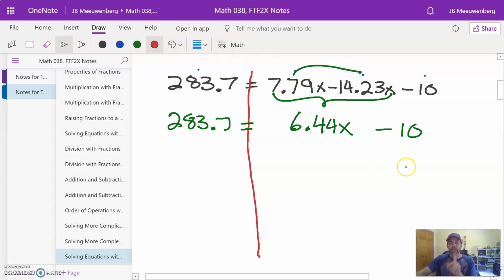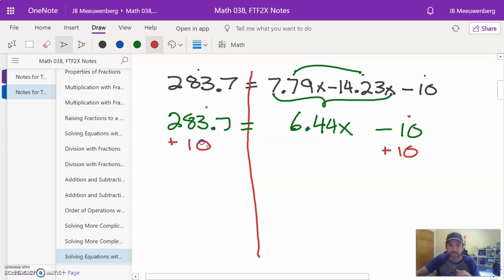Great. Now, the constant terms, this one and this one, they're on opposite sides. Here's where we have to do the opposite thing. If they're on opposite sides, you do the opposite operation, the inverse operation.